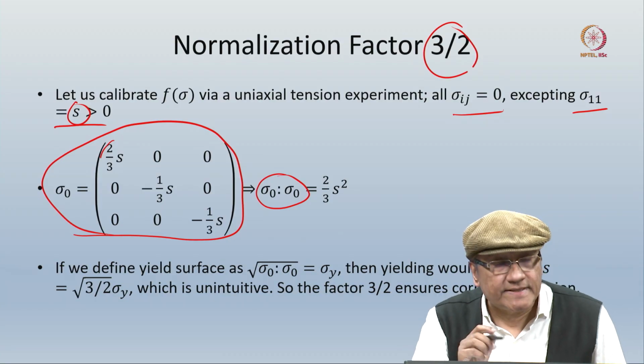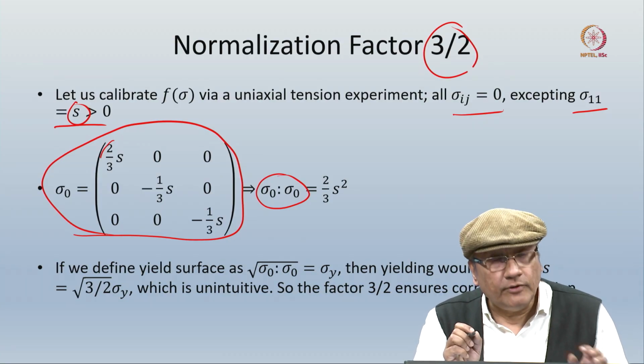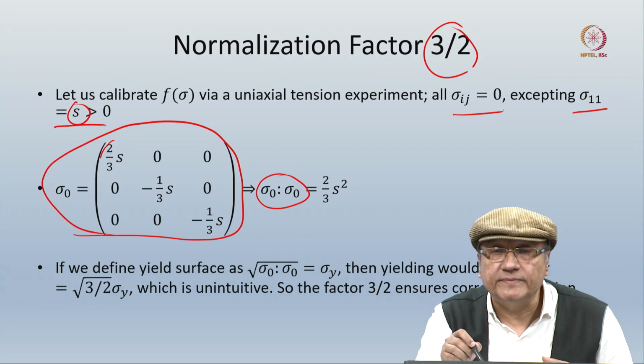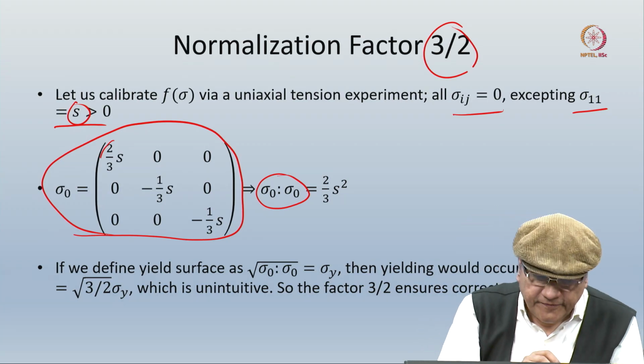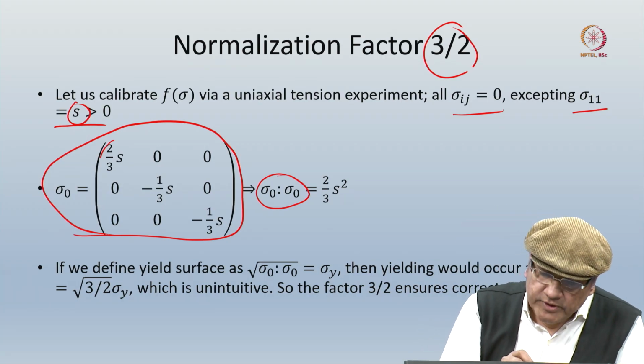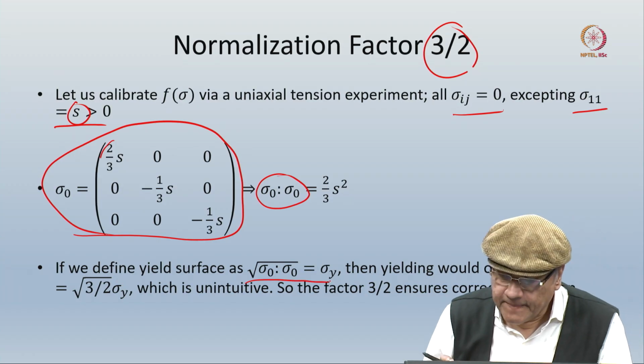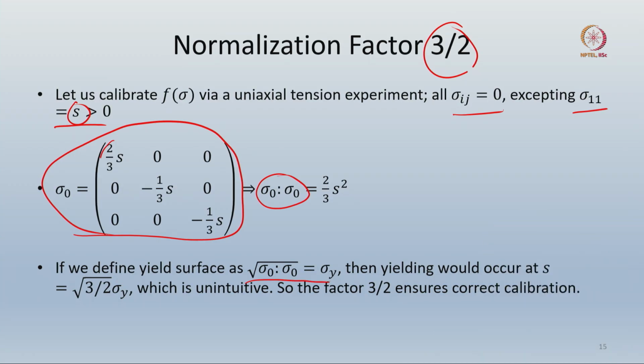Now, suppose we drop that factor 3/2 and define the yield surface without it. Then, just by putting in that the square root of sigma_0 inner product with itself is 2/3 S squared, we see that S will be equal to square root of 3/2 times sigma_y, which is when the yielding occurs.